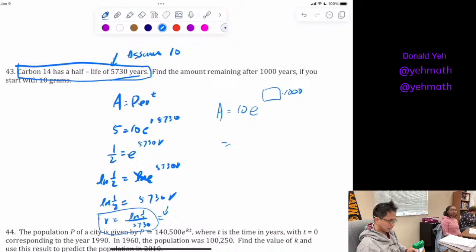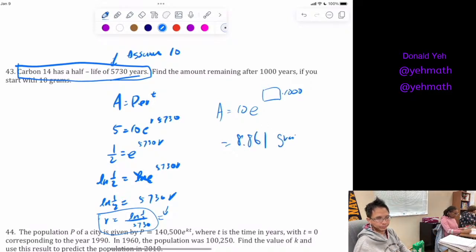I don't want scientific notation. Okay, I'm going to store it as x. Then 10 e to the x times 1,000. So you'll get 8.861 gram. I'll show you how to do it in a second.